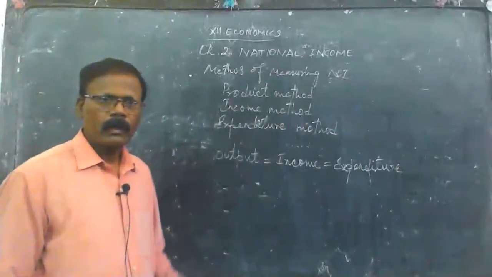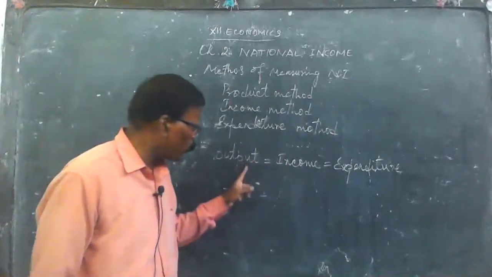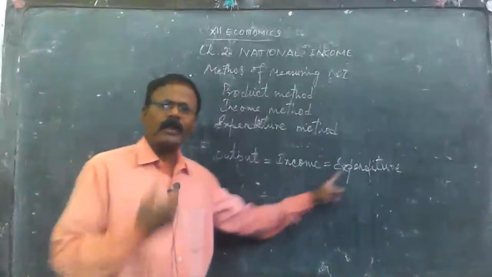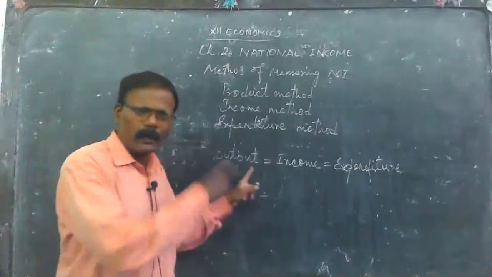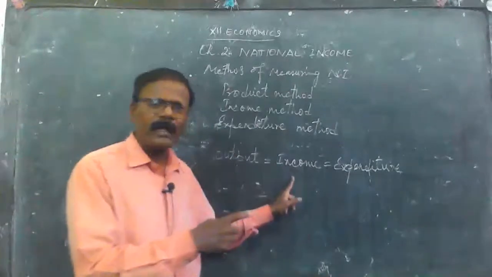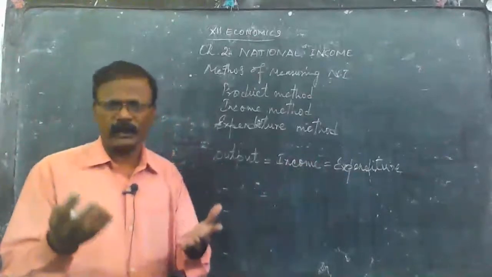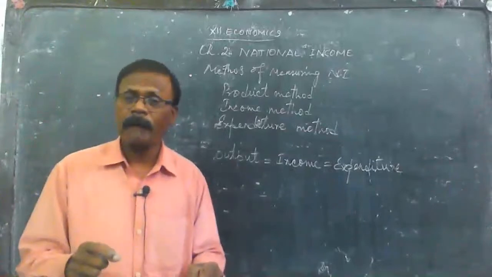You see, output is equal to income. Income is equal to expenditure because the total production leads to income. When there is income, that causes expenditure. If there is no income, no expenditure. So that is what is understood here.